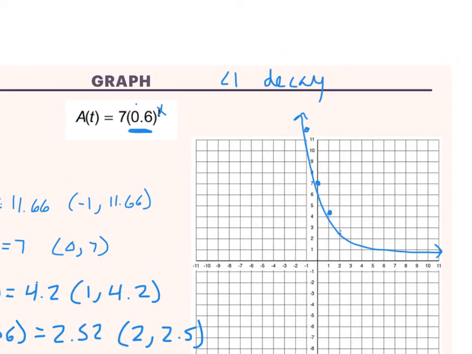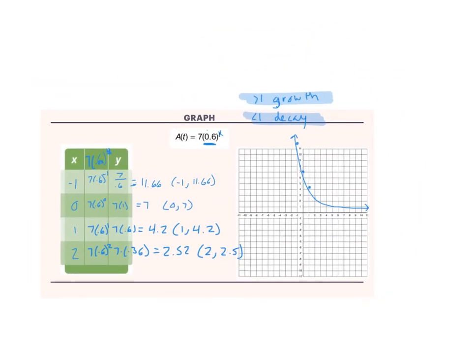When it's greater than 1, it's going to be an exponential growth. So in the last example we did, the number right in front of the x was 2, and we saw that our graph was exponentially growing. So 2 is greater than 1. So when it's greater than 1, we have an exponential growth. When it's less than 1, we have an exponential decay. So here we have an exponential decay.